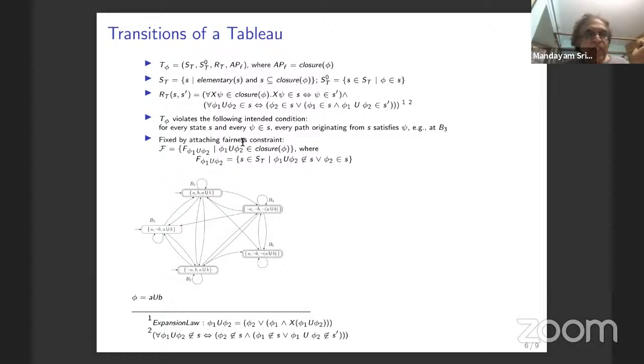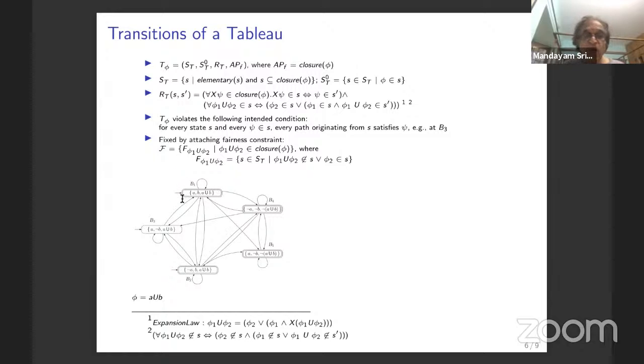Okay. So then finally the initial conditions, all the states which contain A until B have to be included, and therefore all B3, B1, and B2, they're all initial states. Since the negation is also included in the closure, the tableau for the negation of A until B is very simple.